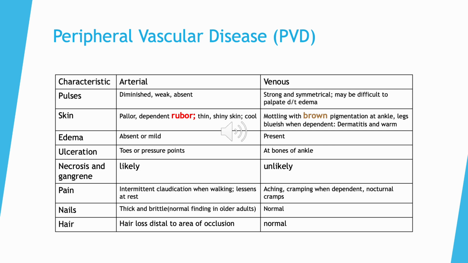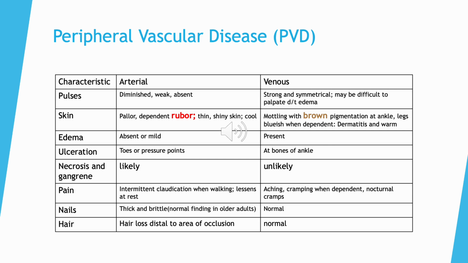All right, edema in arterial disease is going to be absent. In venous disease, it will be present. And make sure you know how to document pitting edema. Ulceration with arterial is going to be at the toes and the pressure points, and it's going to be sharp and painless. Whereas venous is going to have irregular borders, and it's probably going to be at the bones of the ankle.